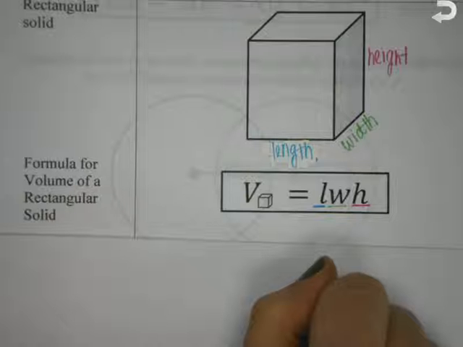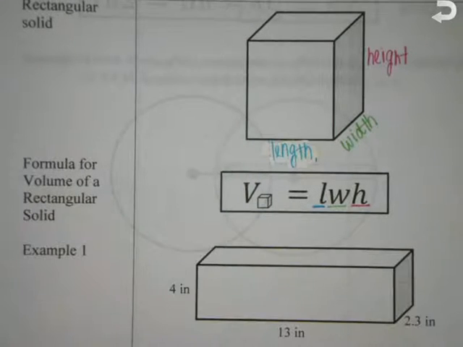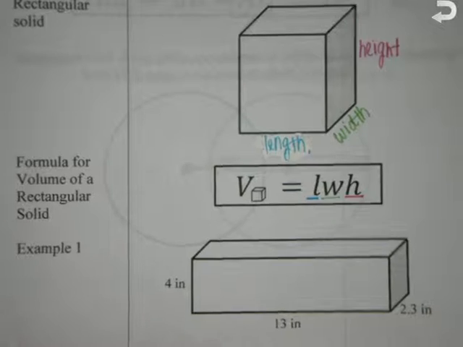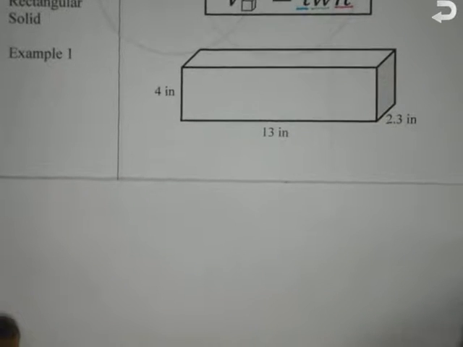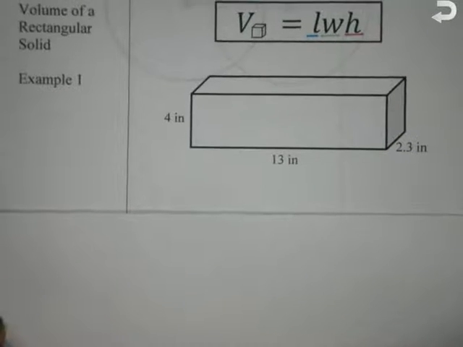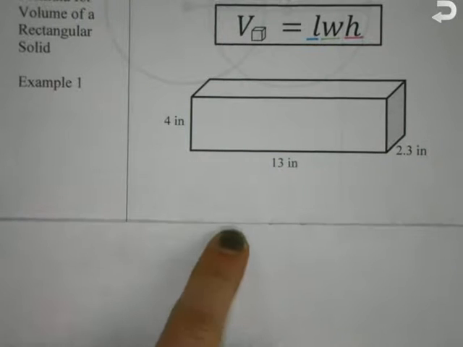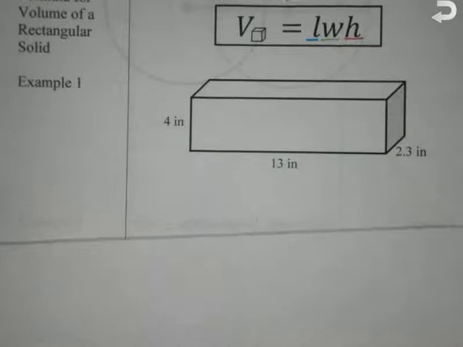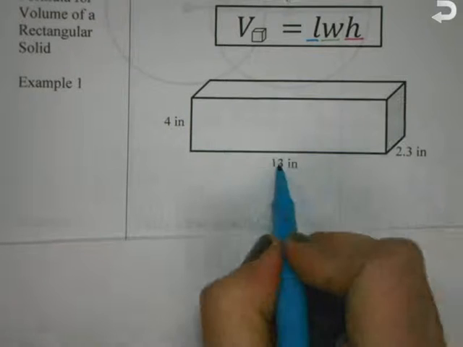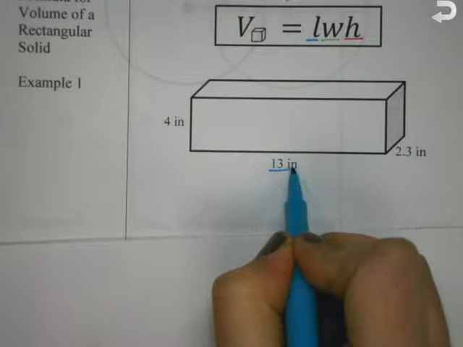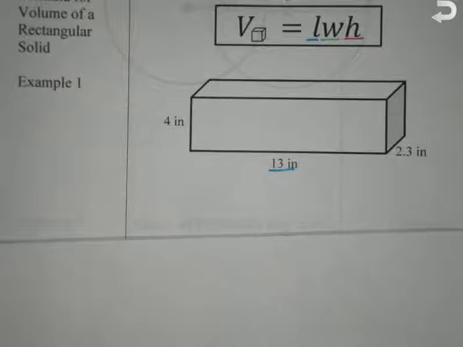Okay, so let's look at example 1. I have a box. What is the length of this box? 13 what? Inches, right? What is the width of the box? 2.3 inches. And what's the height? 4 inches. Good.